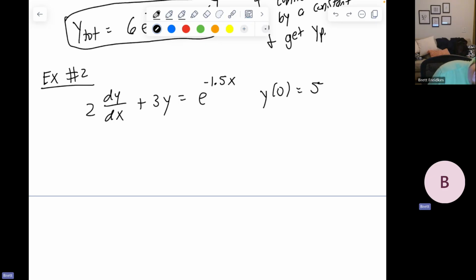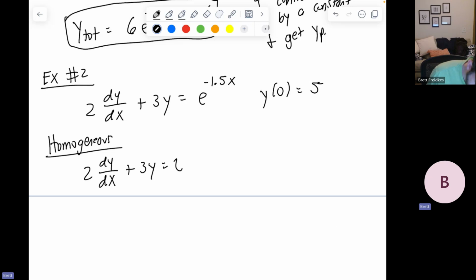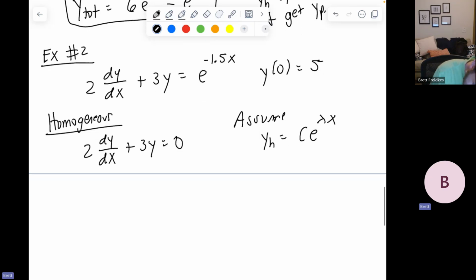So again, what we'll do is first we'll do the homogeneous. Well, let's have 2 dy dx plus 3y is equal to 0. So we will assume that our y homogeneous is something like C e to the lambda x. And this matches the other problem, but we'll do it again just to be thorough.